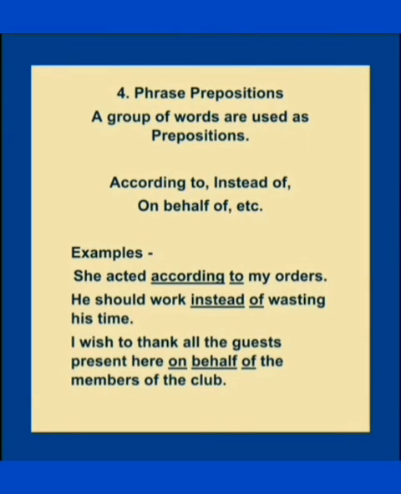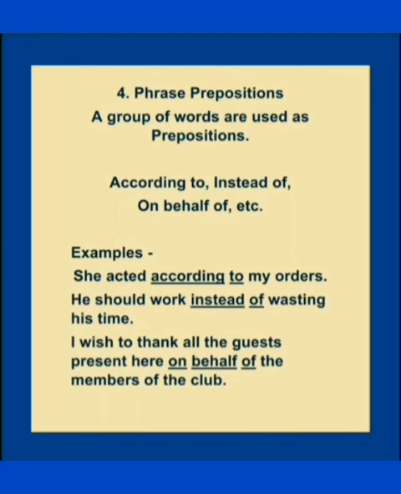Now the fourth one is phrase prepositions. A group of words is called a phrase. So a group of words used as prepositions are phrase prepositions. According to, instead of, on behalf of, etc. All these sorts of prepositions are phrase prepositions.